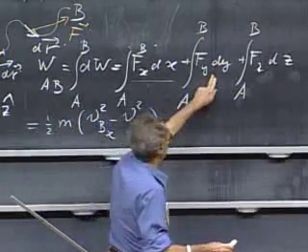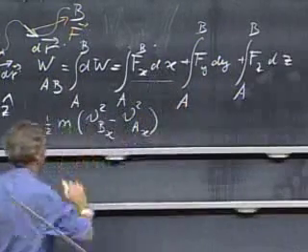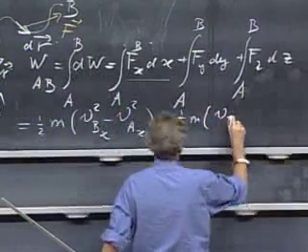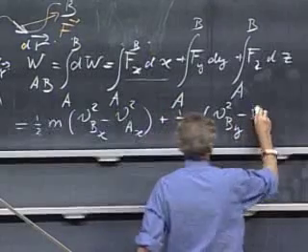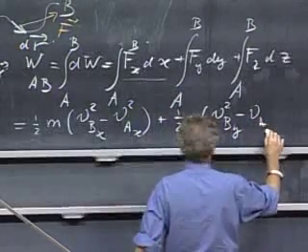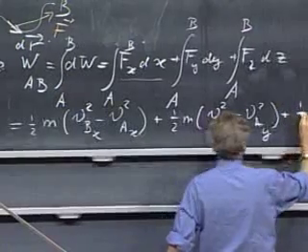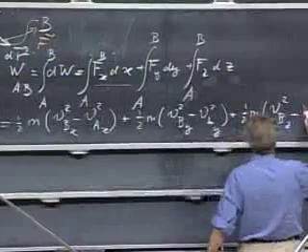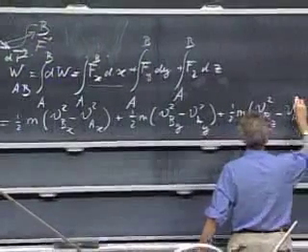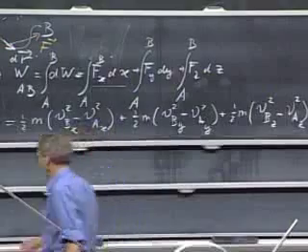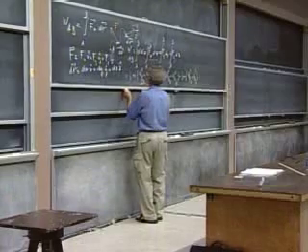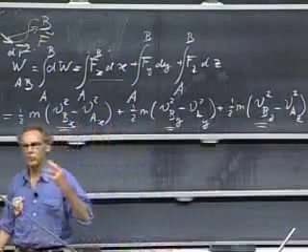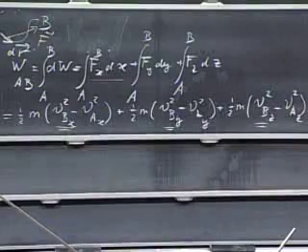This is also a one-dimensional problem now, except that now I deal with the y component of the velocity. So I get 1/2 m times vb y squared minus va y squared, plus 1/2 m vb z squared minus va z squared. And now we're home free, because what you see here is v squared in the x direction, v squared y component, v squared z component, and if you add those three up, you get exactly the square of the velocity.